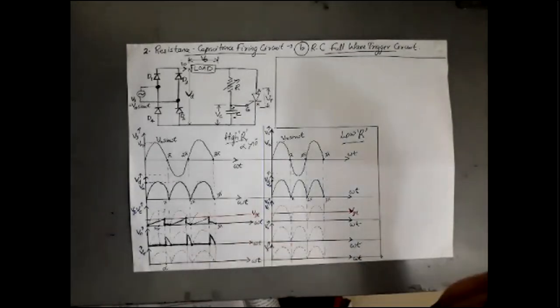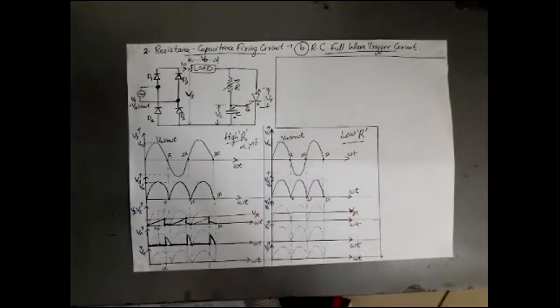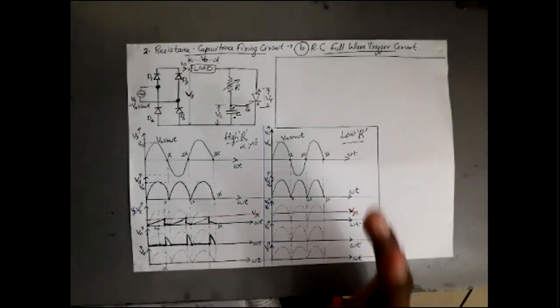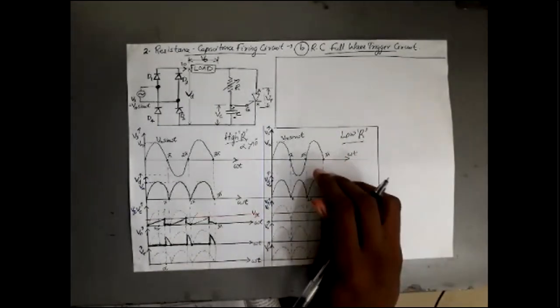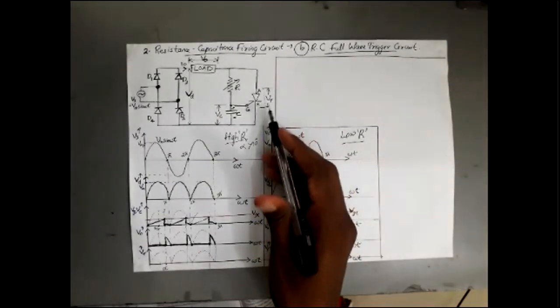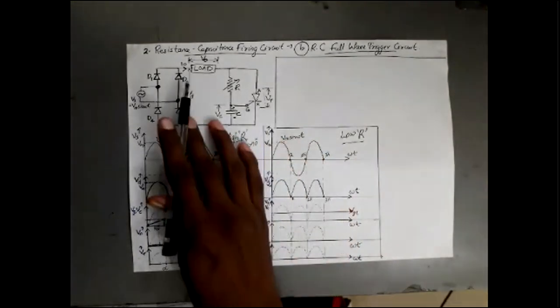That means our triggering circuit is a full wave triggering circuit. We have an output voltage at both the positive as well as negative cycle. Clear?